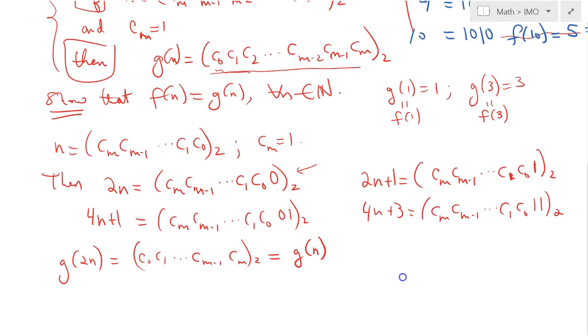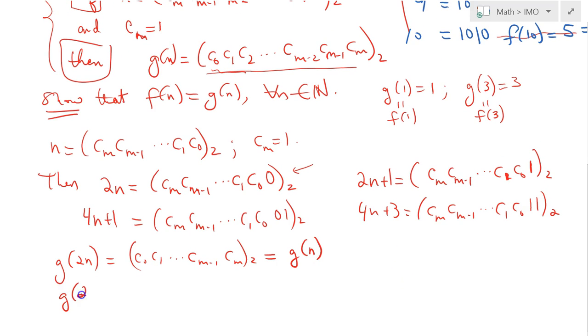Next would be G of 2n plus 1. Recall 2n plus 1 is equal to this expression, so when I reverse it, I will get 1, C_0, C_1, ..., C_{m-1}, C_m in binary.